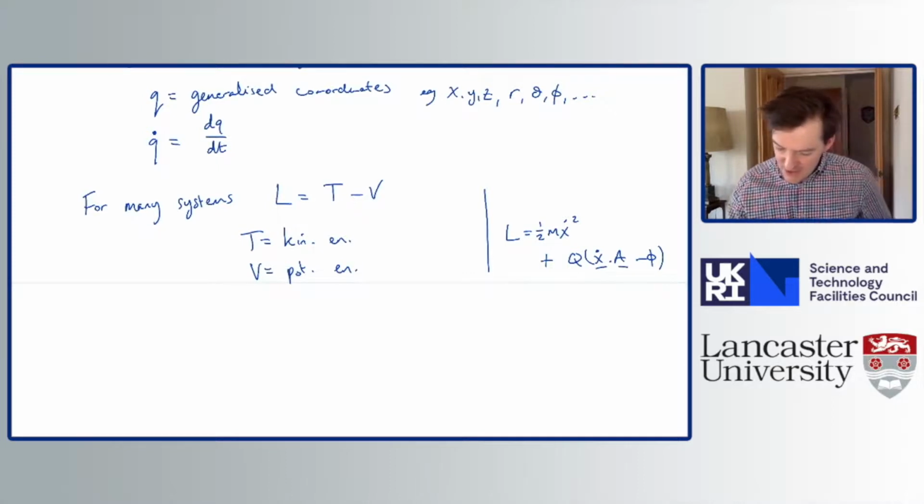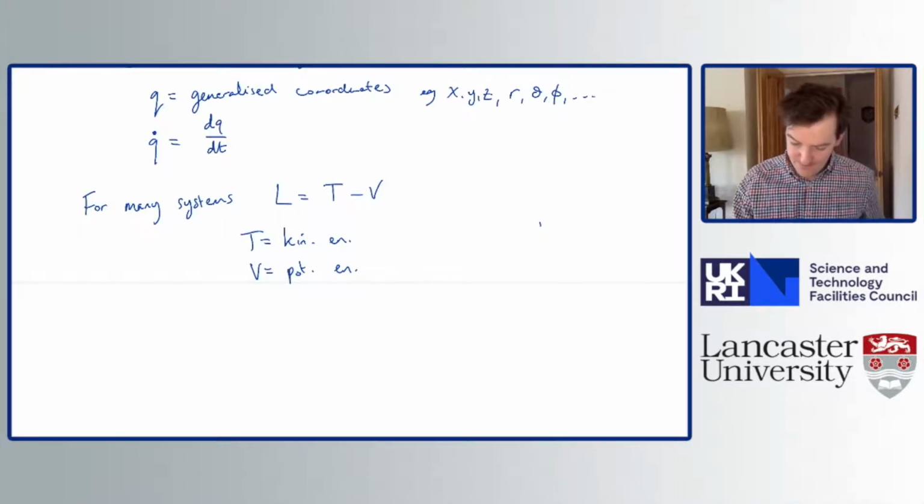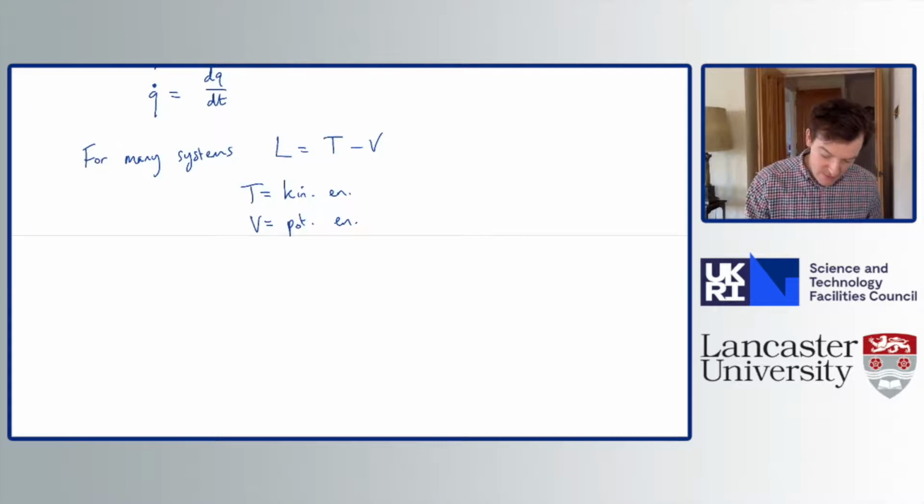I just thought I'd mention it. For all of the examples that we work with, it's going to take the form of T minus V, but just to emphasize that it doesn't have to be that form. There are examples that are known where it's not. But for the theories that we're going to look at, it takes this form.